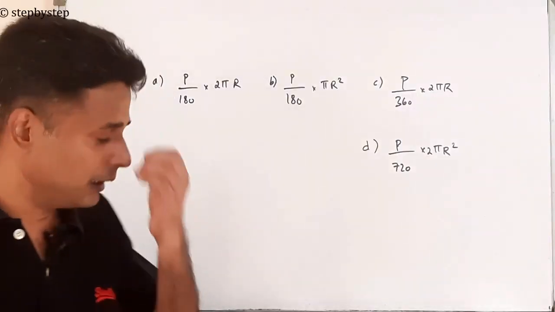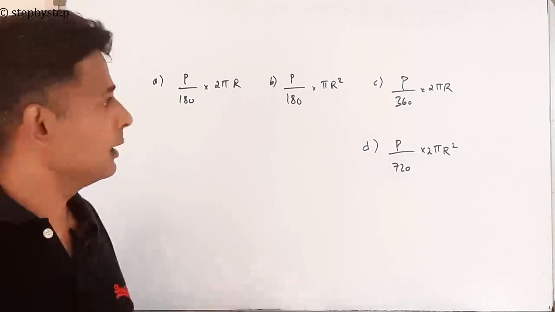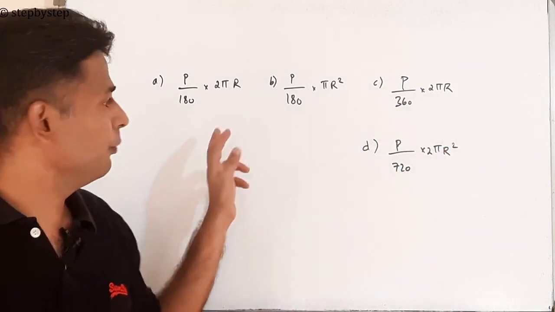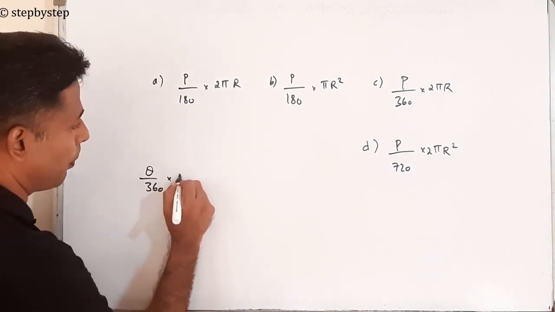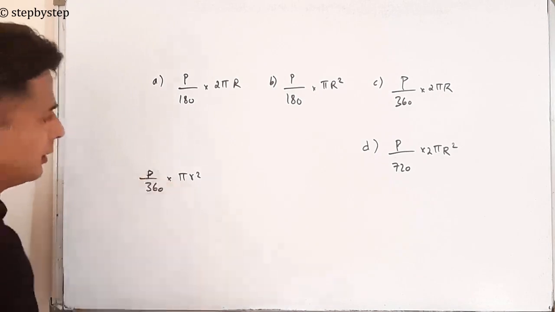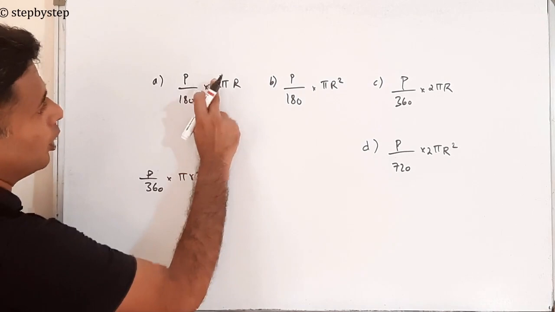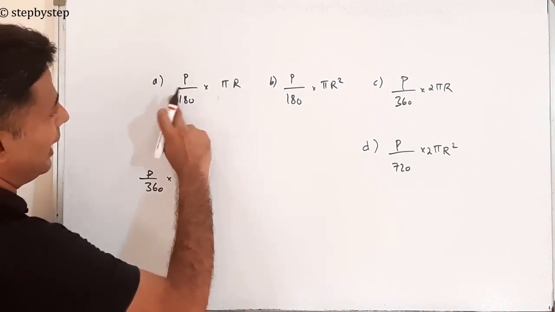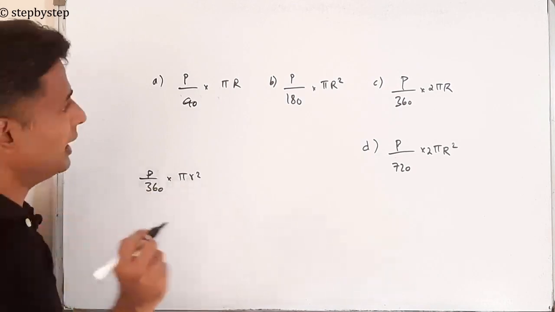Alright guys, now the last question, they have said the area of the sector making an angle P with radius R, which one of them will it be? Now the area of a sector is theta by 360 into pi r square. In this case, instead of theta, they have given us that angle, which we are noting as P. Is this of this form? No, because if I remove 2 here and here I'll get 90, but still it is not of this form, right?